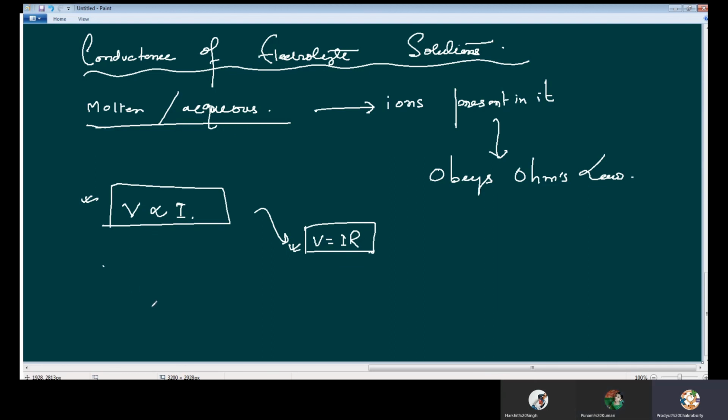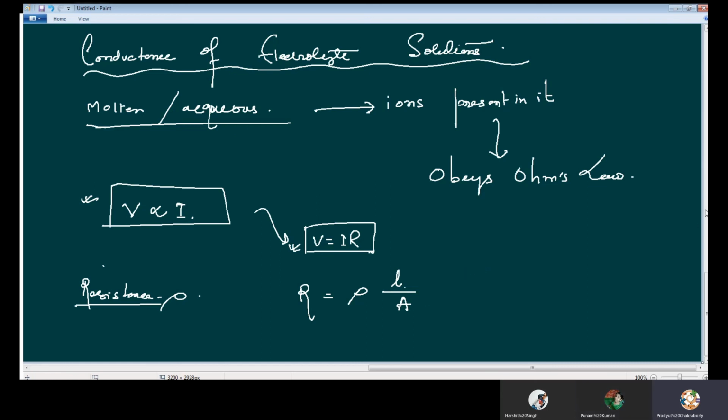We also know resistance and conductance. What is resistance? Resistance of a conductor is directly proportional to the length of the conductor and inversely proportional to the area of cross section of the conductor, R equals rho l by A, where rho is the resistivity, or specific resistance, of the conductor.